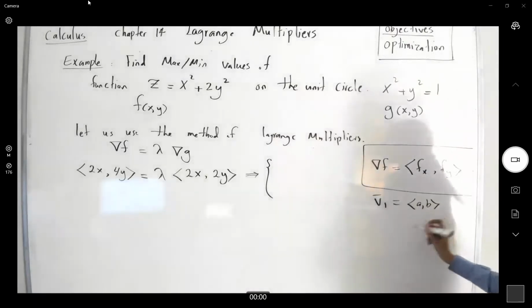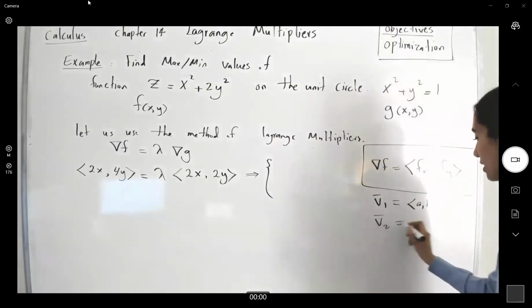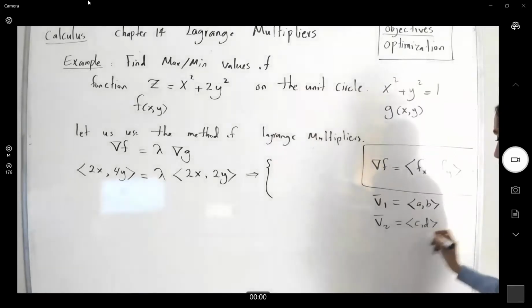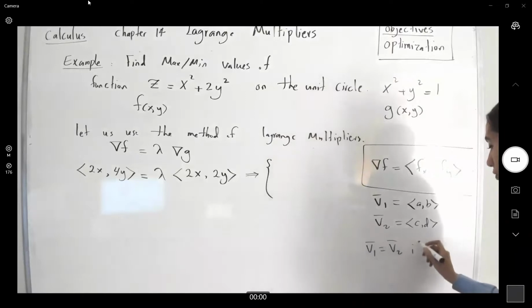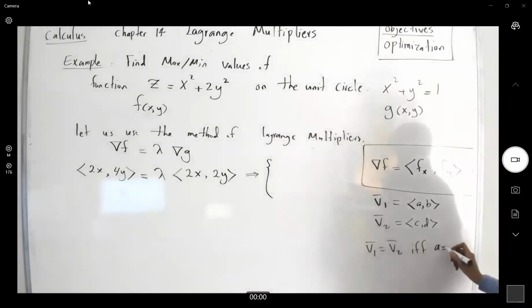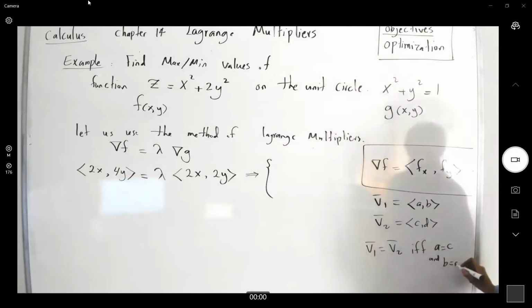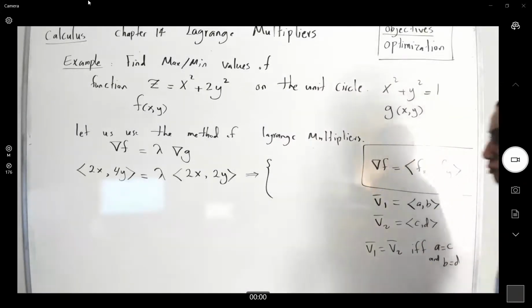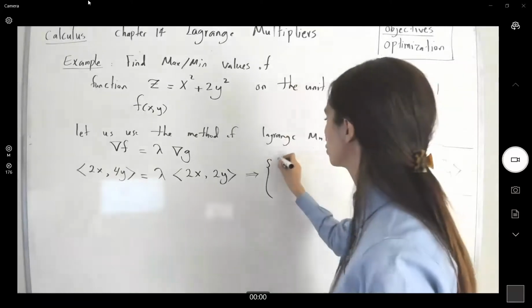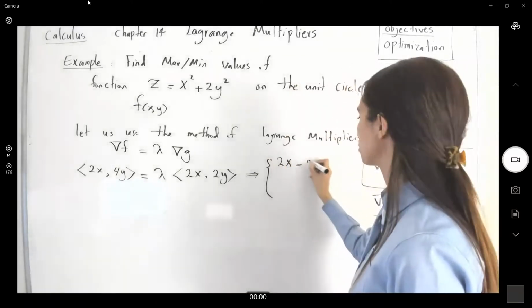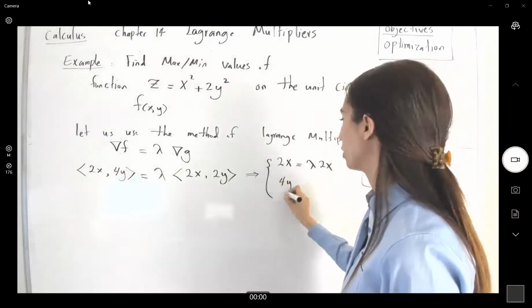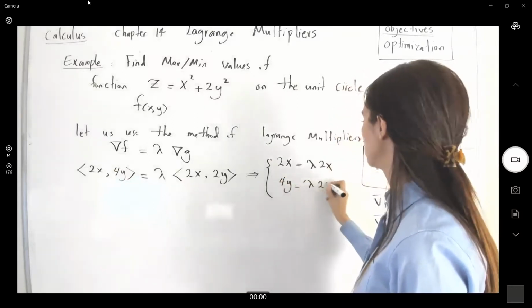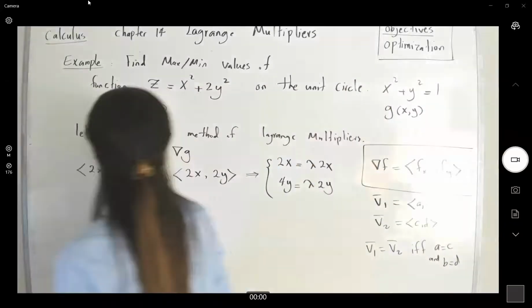If V1 is (A, B) and V2 is (C, D), V1 is equal to V2 if and only if A is equal to C and B is equal to D. We're using the fact that we learned before. So here you have 2x equals lambda times 2x, and 4y equals lambda times 2y.